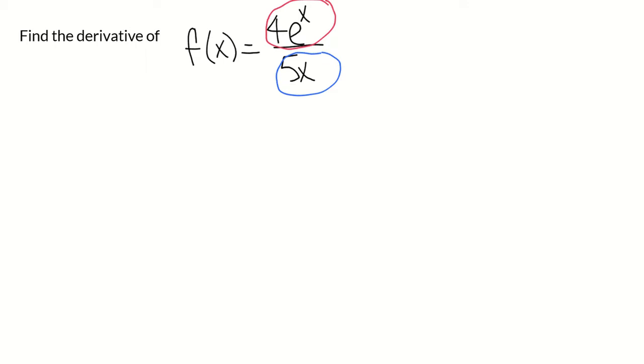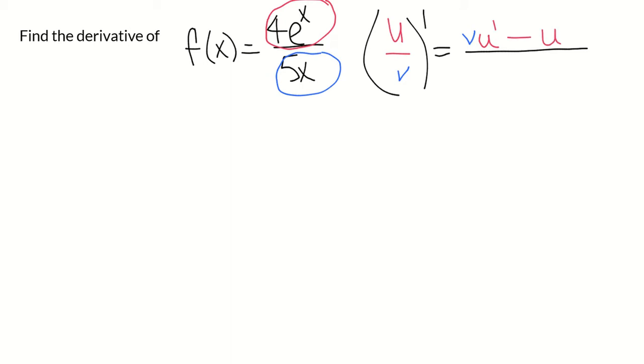And we can say u over v, the derivative of that, just a rewriting of the quotient rule with u and v instead of f and g, is equal to v u prime minus u v prime divided by v squared.